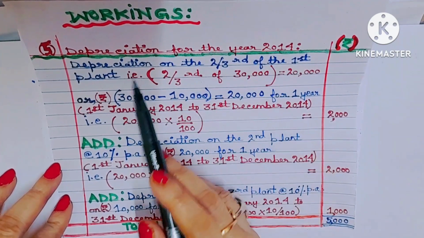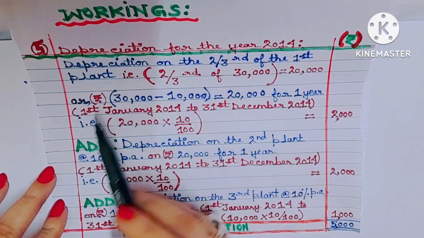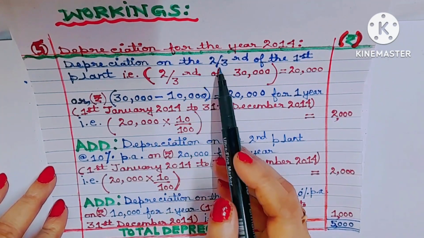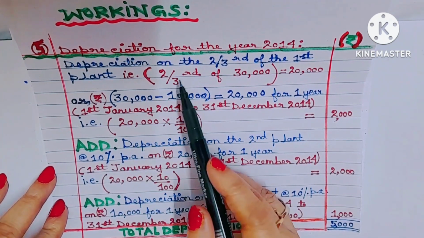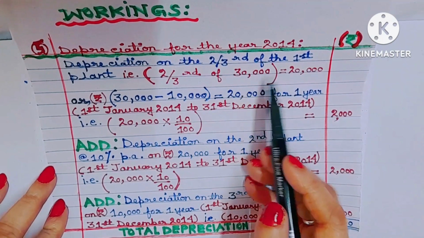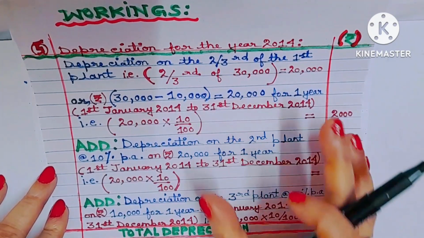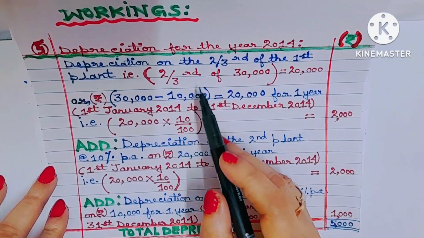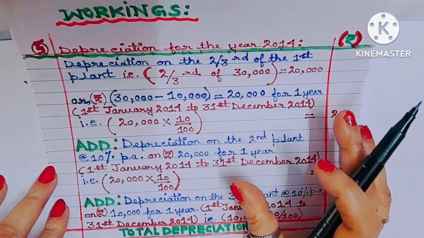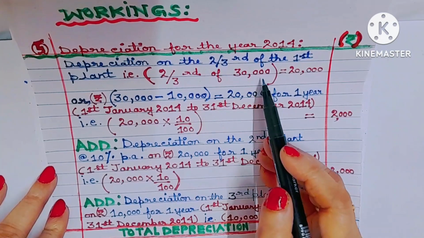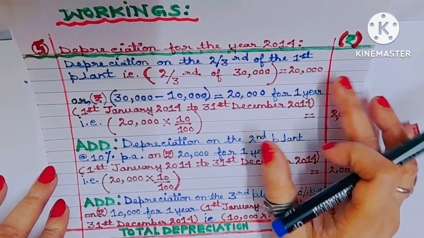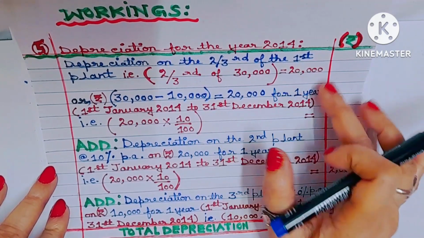This is the last year we got to show. Depreciation on the 2/3 of the first plant. That is 2/3 of 30,000. Because 1/3 of 30,000 was sold. So the remaining part, 2/3 of 30,000 is in the business still. So 2/3 of 30,000 is equal to 20,000. We got to charge depreciation on 20,000.